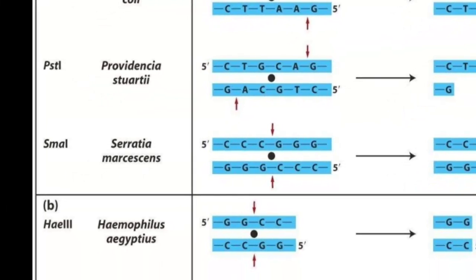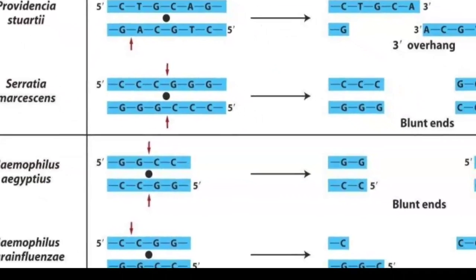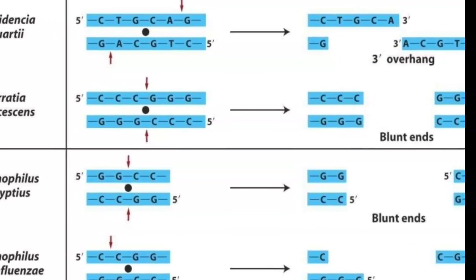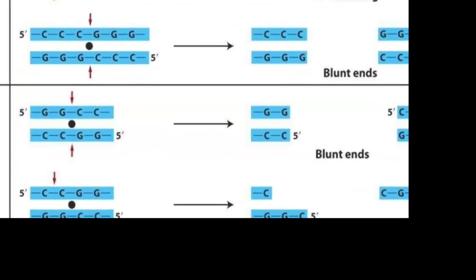The third one is known as SmaI, that is from Serratia marcescens, and the fourth one is HaeIII, that is from Haemophilus aegyptius. These are the blunt end, overhang end, and the blunt end.